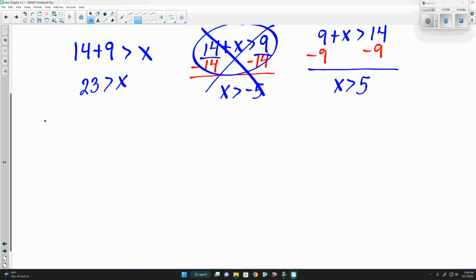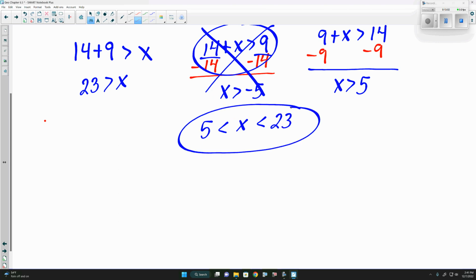So what we're saying is that the third side has to be between 5 and 23. So if the third side is between 5 and 23, we have a triangle. Questions on this here?